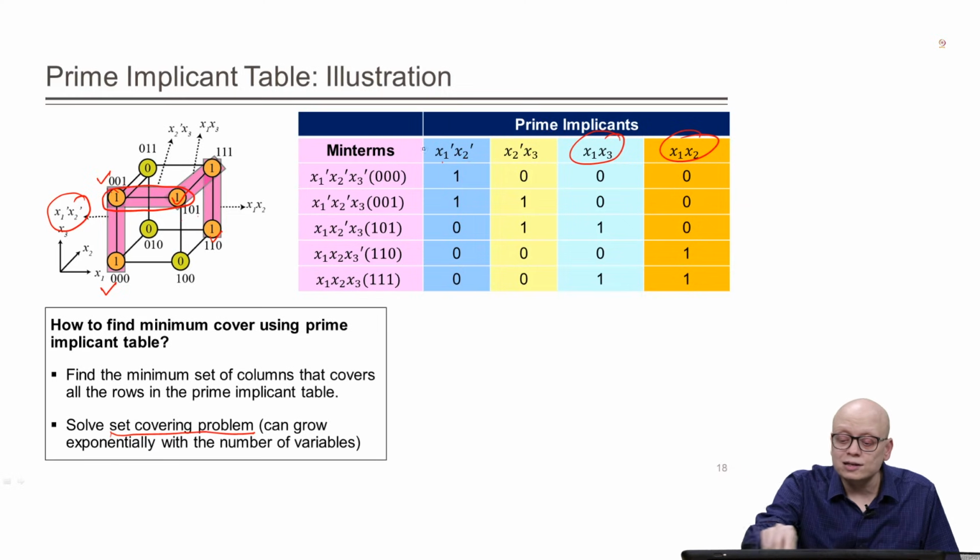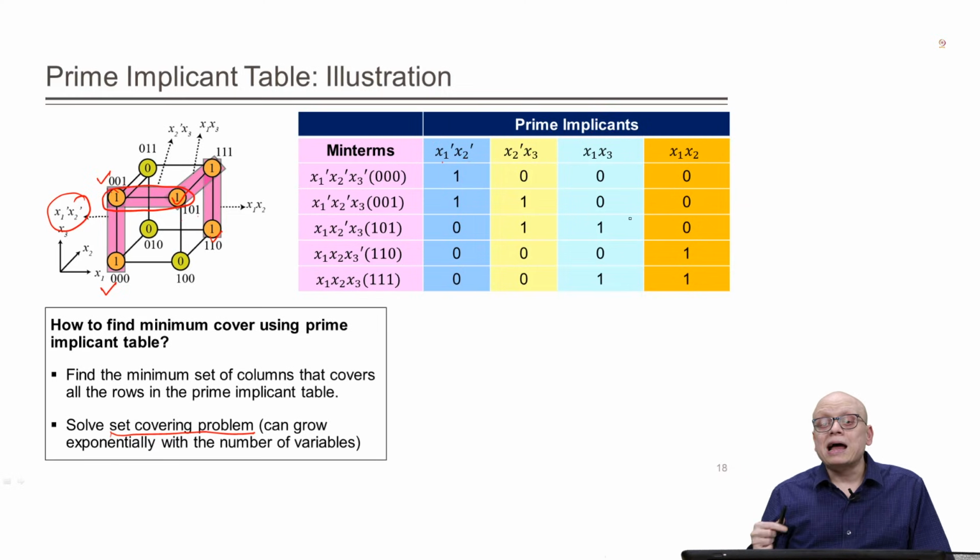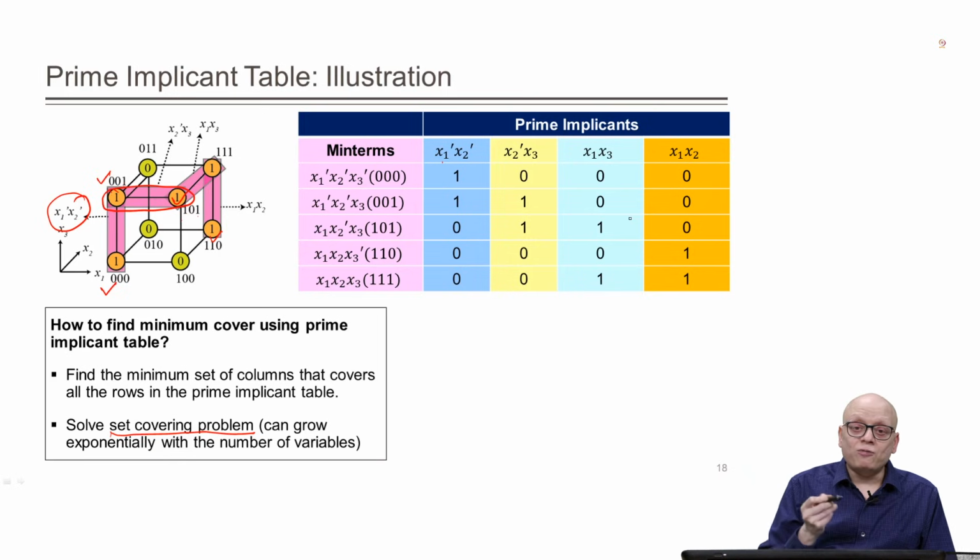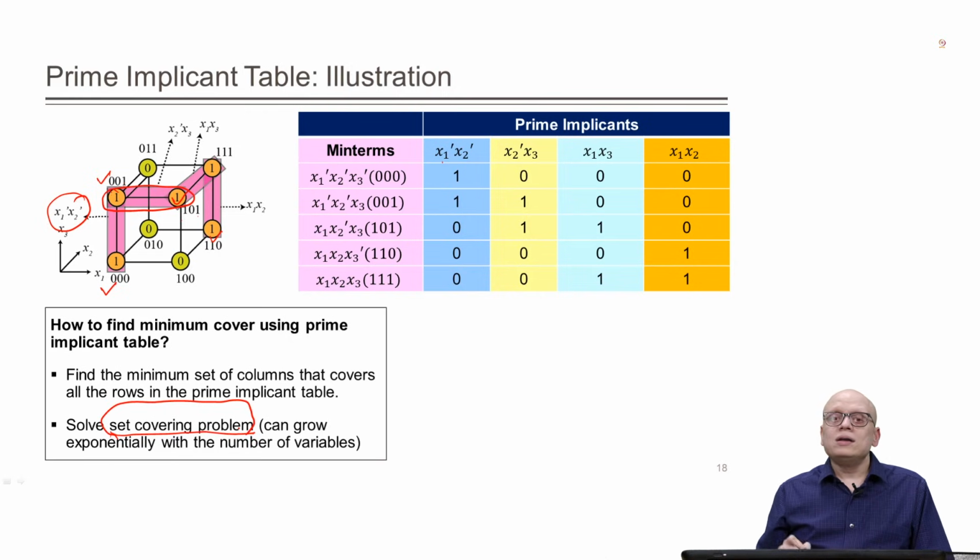Because as we increase the number of variables, the prime implicants can increase greatly or exponentially, and the number of minterms can also grow exponentially. So, the table size will become huge, and finding a solution for the set covering problem also becomes difficult. And therefore, this set covering problem can be solved only for simpler Boolean optimization problems.